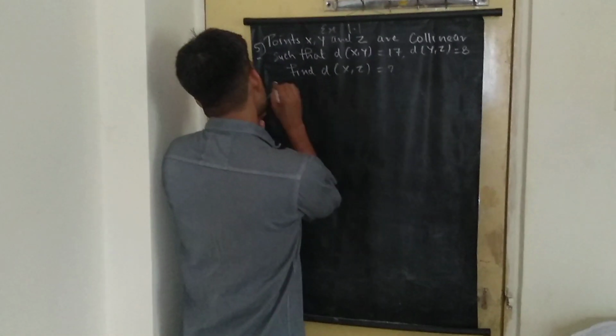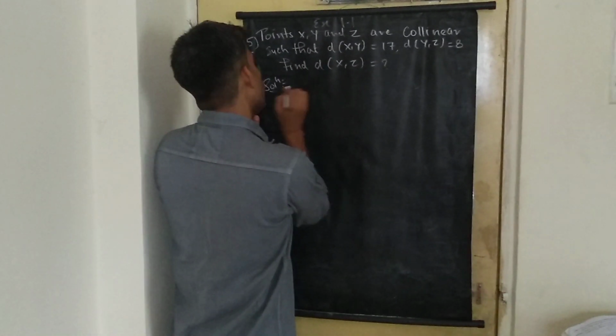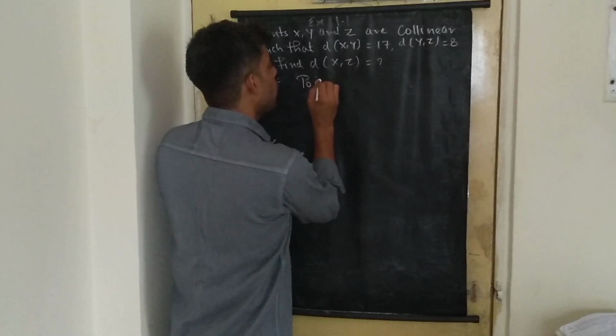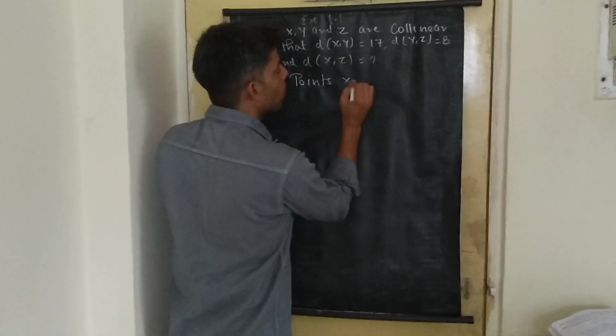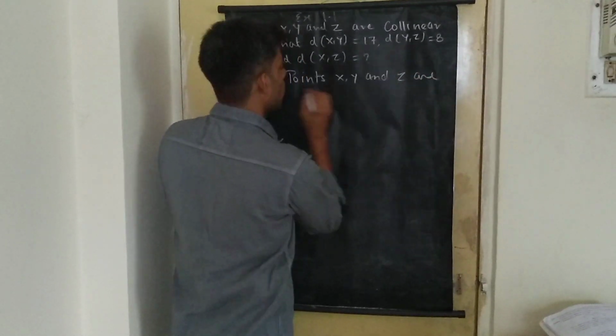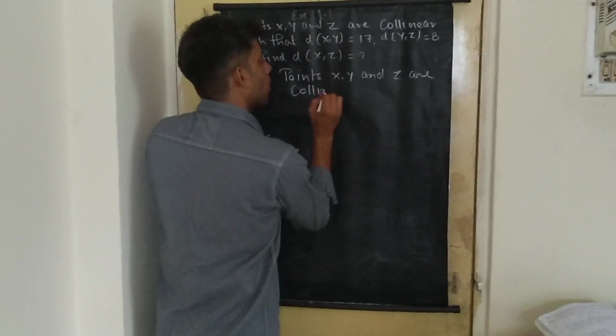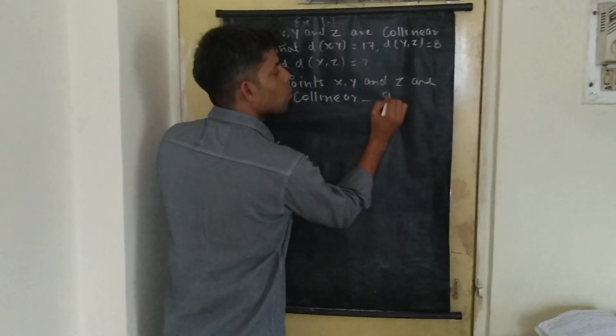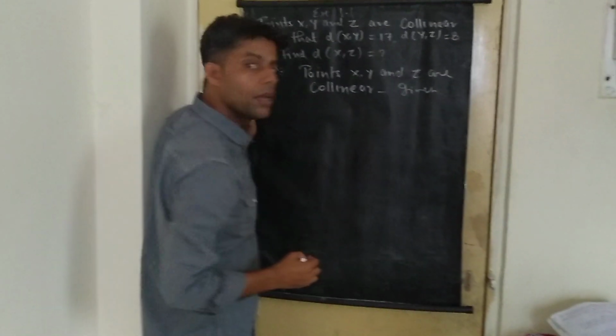So as it is said, points x, y and z are collinear. So there can be three possibilities regarding its betweenness.